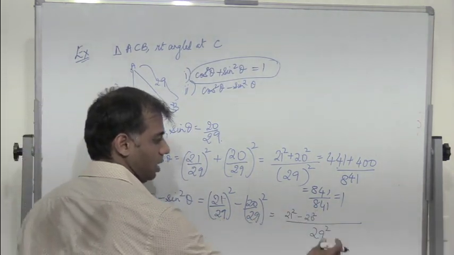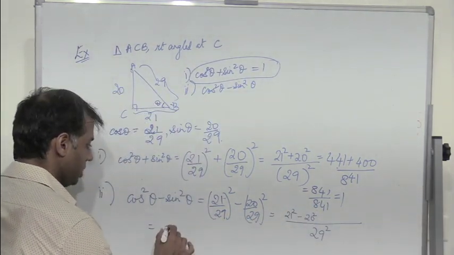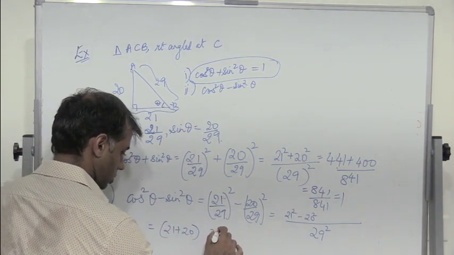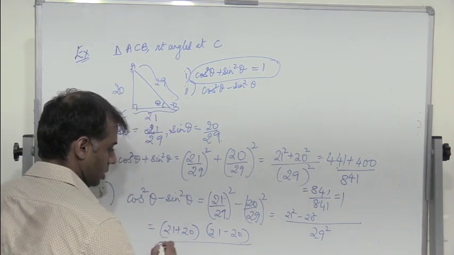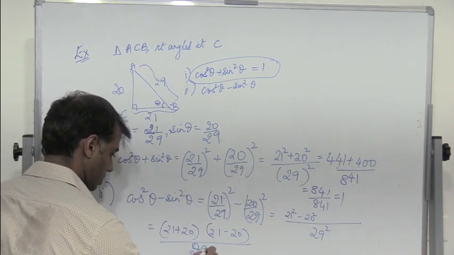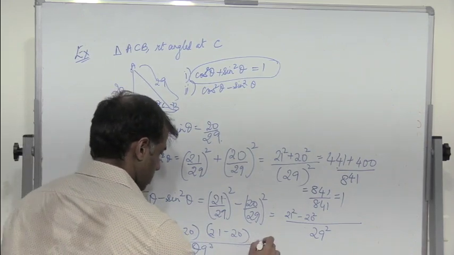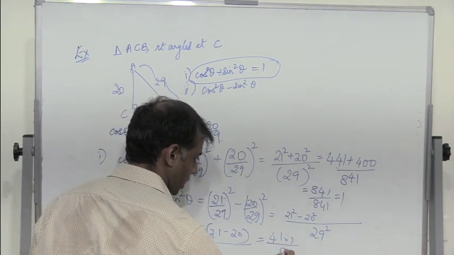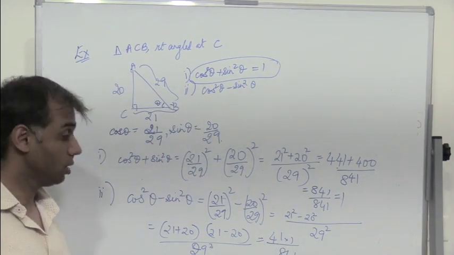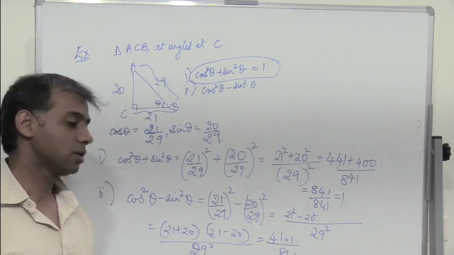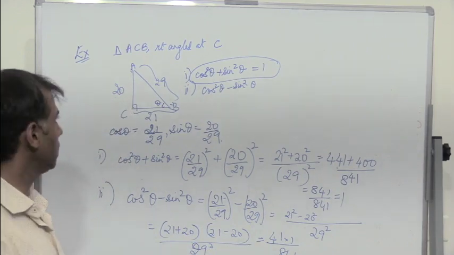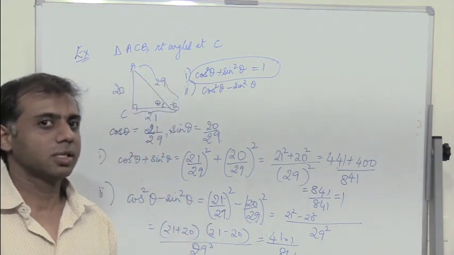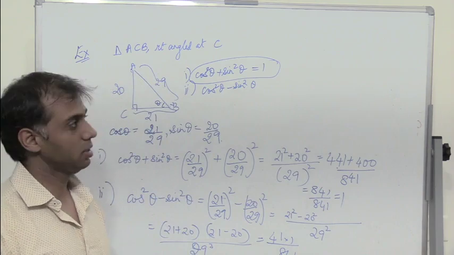So this can be written as A plus B into A minus B. 21 plus 20, 21 minus 20, divided by 29 square. So this is 41 into 1 divided by 841. So we get 41 divided by 841. Okay. So in this example, what have we observed? We have got a very important relation, which is sine square theta plus cos square theta equals 1.